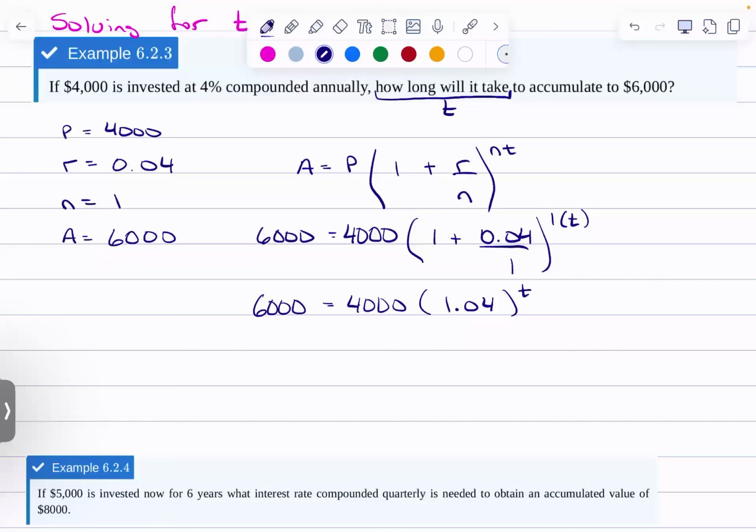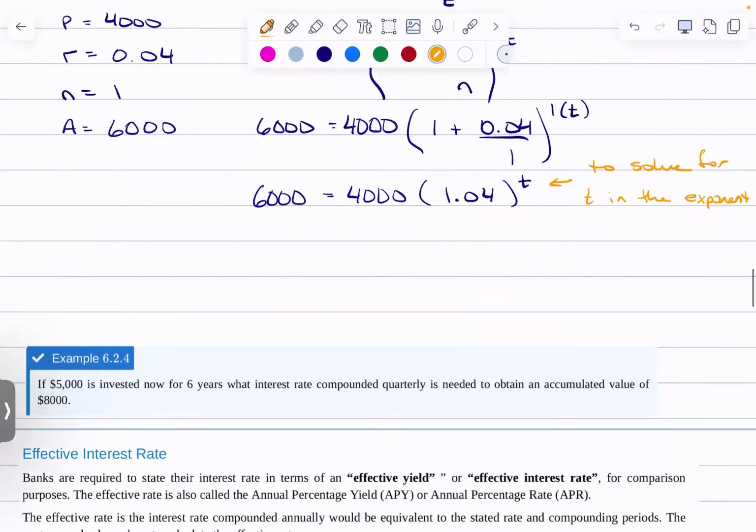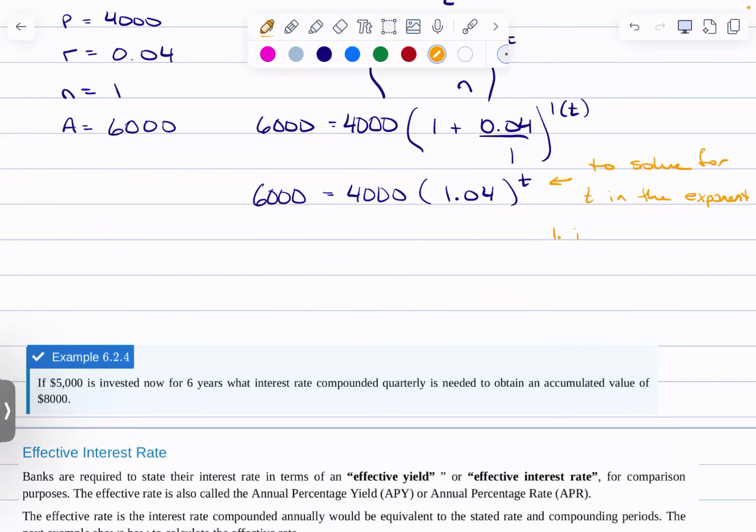To solve for T in the exponent, first isolate the exponent.